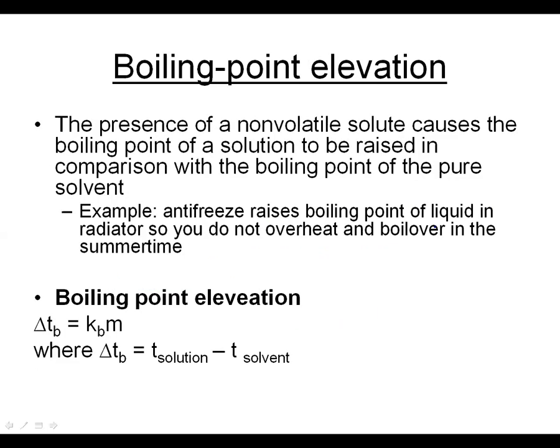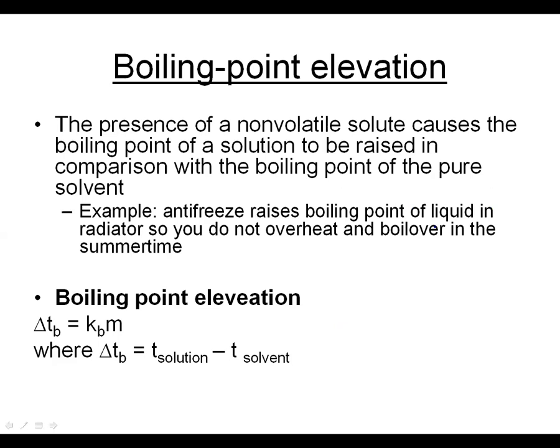Now, boiling point is also affected by the addition of particles, and it affects it a different way. It actually elevates the boiling point. So instead of where something would normally boil, for example, water, where water would normally boil at 100 degrees Celsius, by adding particles in there, it's actually going to boil at a higher temperature, like maybe 105 degrees Celsius or so forth.